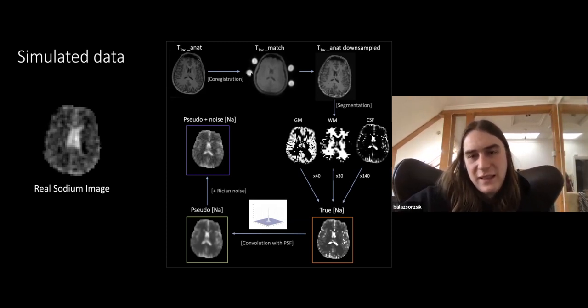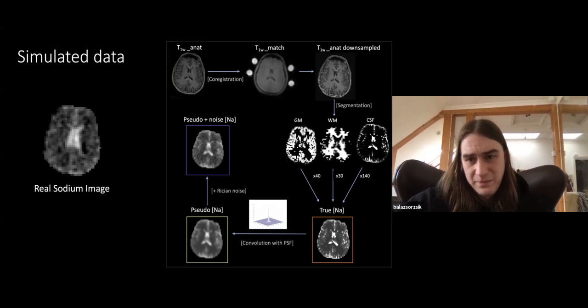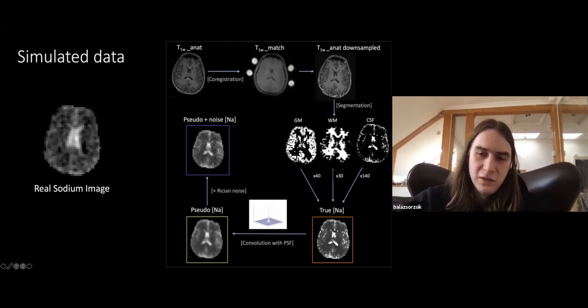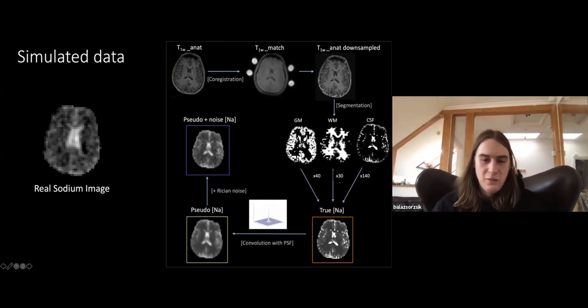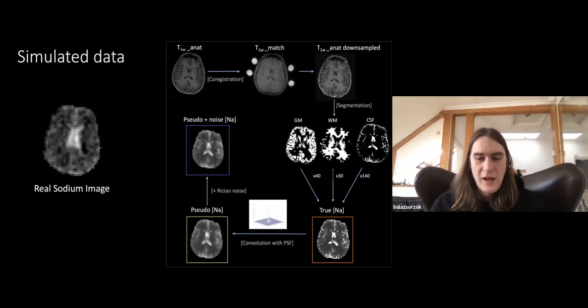So basically this image has the same spatial resolution as our sodium images. And we downsampled the high resolution anatomical image, and then we segmented it, and then we multiplied it by values. These are the sodium concentrations in gray, white, and CSF, and we got these values from sodium literature, where they estimated the concentrations in these different segments by high magnetic field MRI, which can provide better spatial resolution.